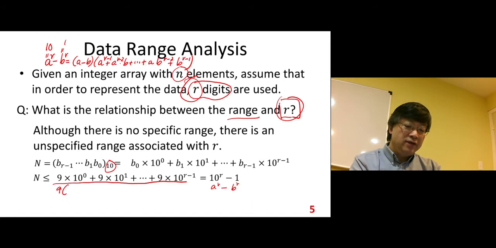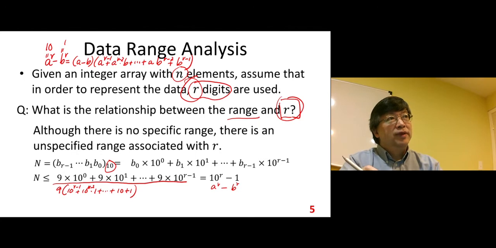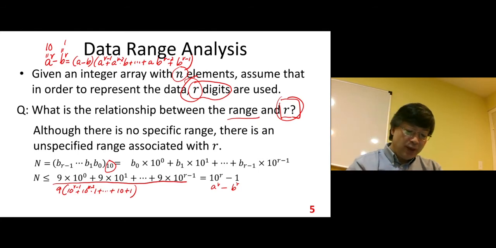Then the remaining is 10 to the r minus 1 plus 10 to the r minus 2 times 1, plus dot dot dot plus 10 plus 1. You need to be familiar with that formula because we need to use it many, many times.